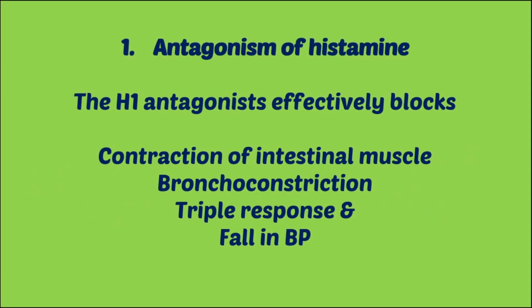Very first is antagonism of histamine. H1 antagonists effectively block contraction of intestinal smooth muscles, bronchoconstriction, triple response and fall in blood pressure. Whenever there is a release of histamine, it will cause smooth muscle contraction, which includes intestinal smooth muscles and also bronchial muscles, right?